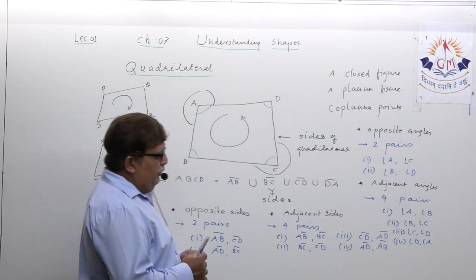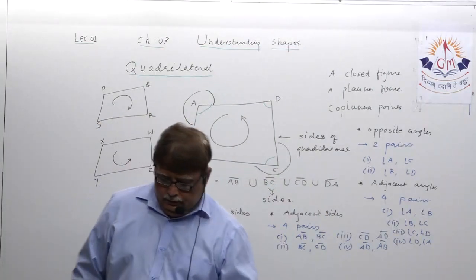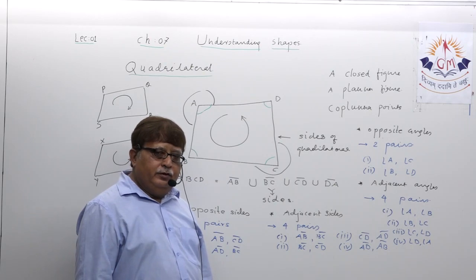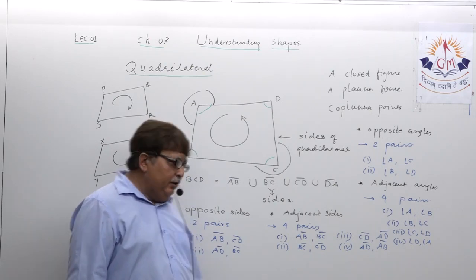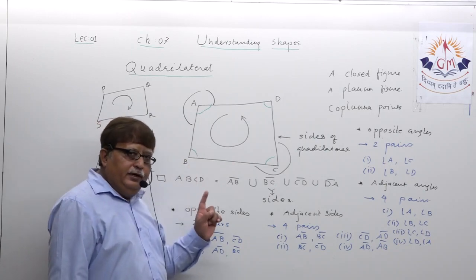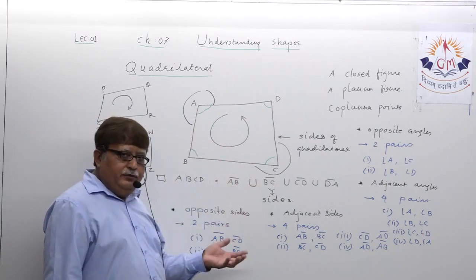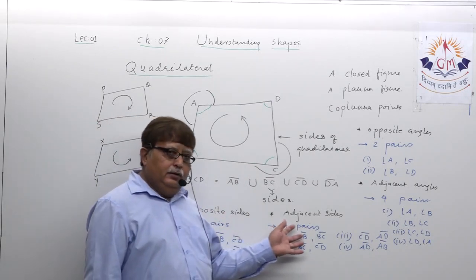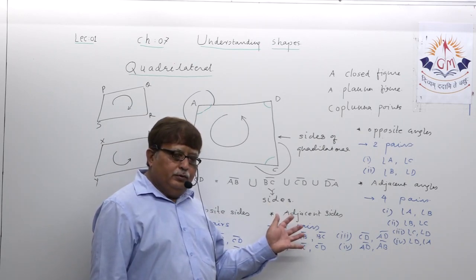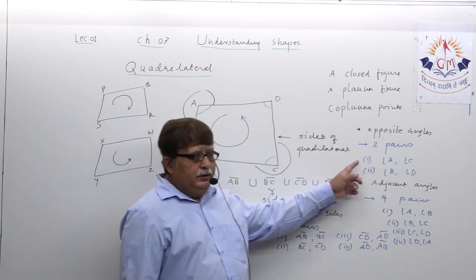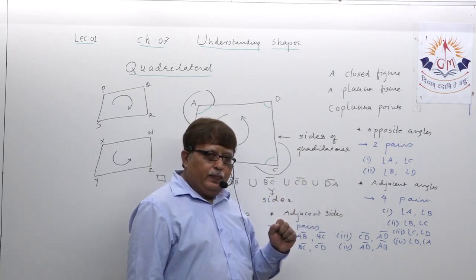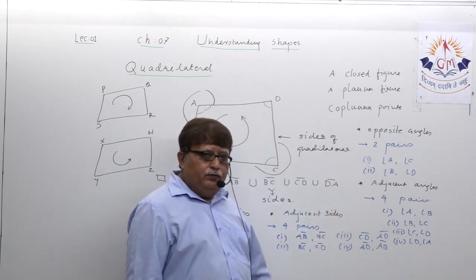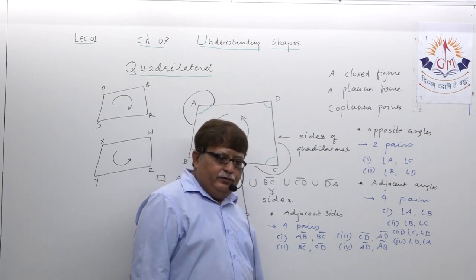A quadrilateral has got four pairs of adjacent angles. Understood? Make it clear. A quadrilateral has four vertices, two pairs of opposite sides, four pairs of adjacent sides, two pairs of opposite angles, four pairs of adjacent angles.